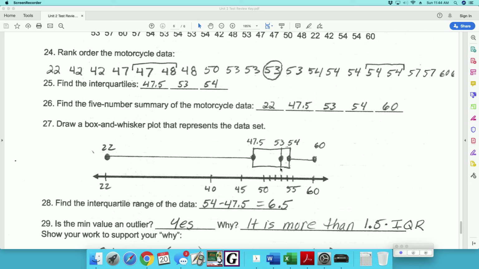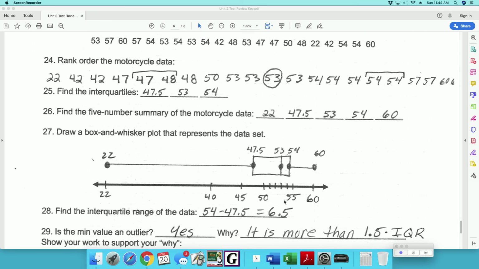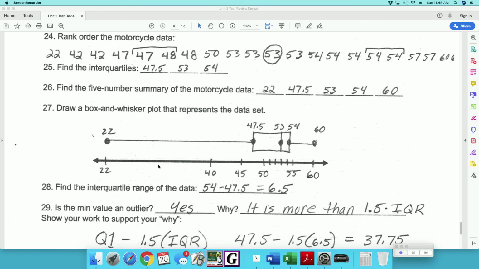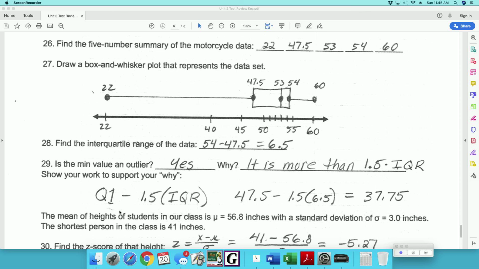All right, the interquartile range is quartile 3 minus quartile 1, so 54 minus 47.5. So our interquartile range, which is IQR, is 6.5. Now, we want to determine, is 22 an outlier? Is it a possible outlier? So the calculation is going to be quartile 1 minus 1.5 times the interquartile range, which is 47.5 minus 1.5 times 6.5.